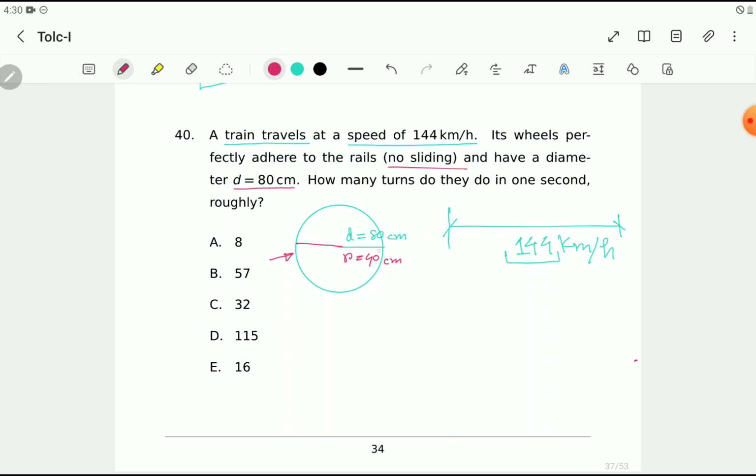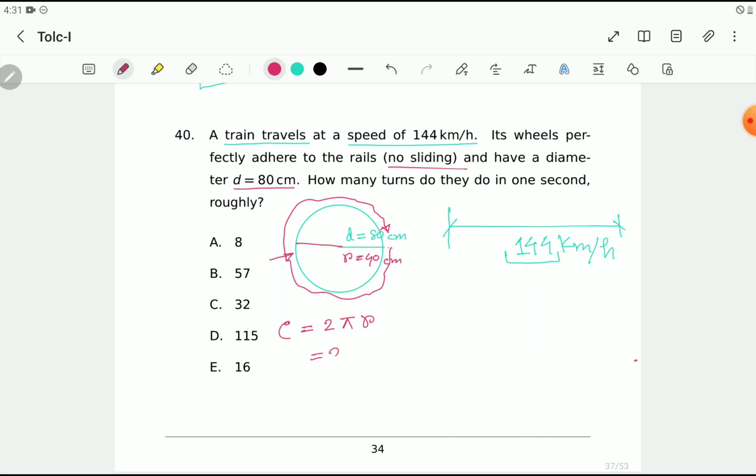So if this wheel turns one time, that means it travels a distance equal to its circumference, the distance around it, okay. And we know the formula, circumference C equal to 2 pi r.